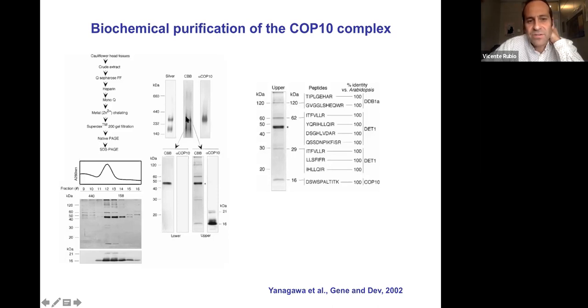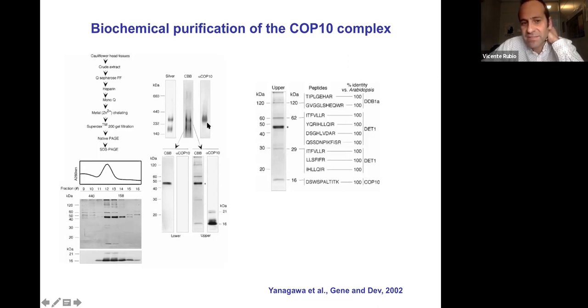You can see here, in that native gel, she could still see two different bands. She sliced those bands, eluted proteins from there, and then separated them in a denaturing gel, by SDS-PAGE. So here you have the lower fraction and the upper fraction.